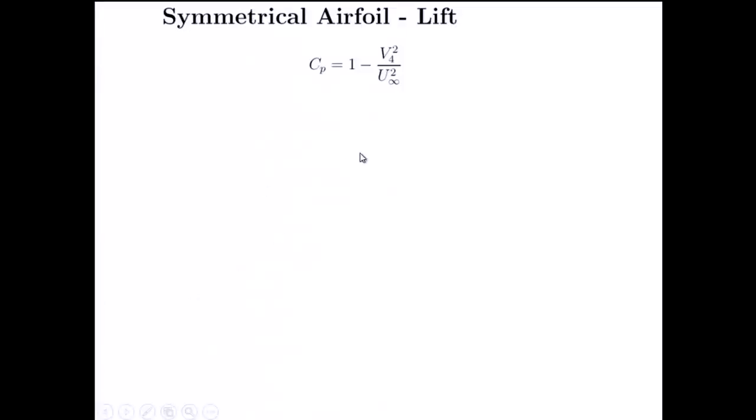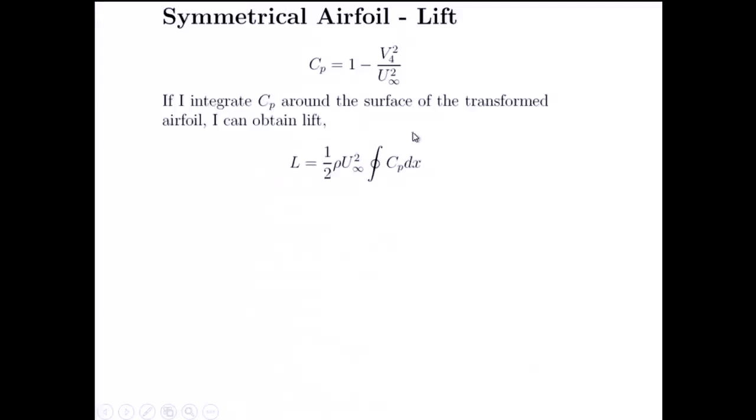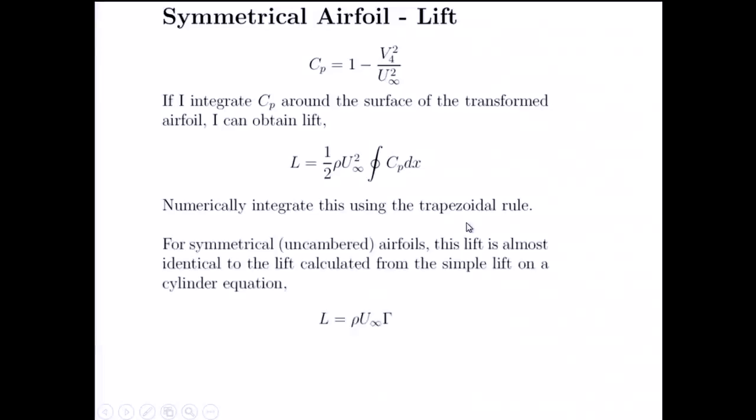All right, we have the pressure coefficient, and if I integrate Cp around the surface of the airfoil, I can get the lift. Does it make sense? We can numerically integrate this in MATLAB using the trapezoidal rule.